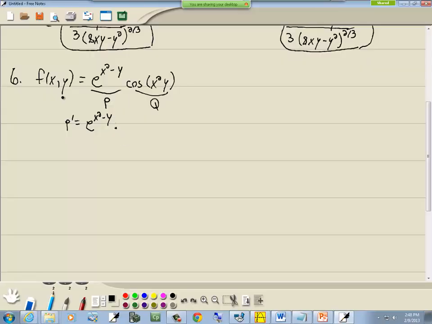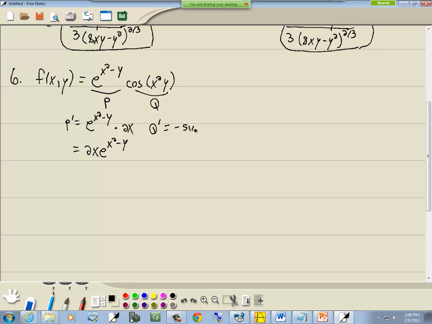Now we're taking with respect to x here, so the derivative of e to the power is e to the power times the derivative of the power. And with respect to x, we'd have 2x. So p prime is going to be 2x e to the x squared minus y. Now for q prime, the derivative of cosine is negative sine.